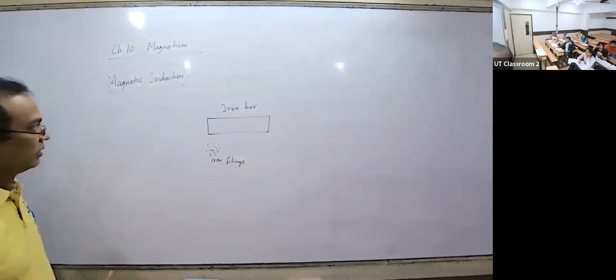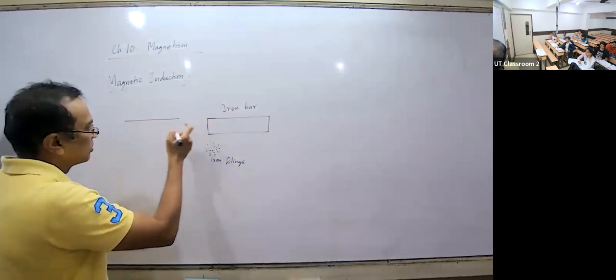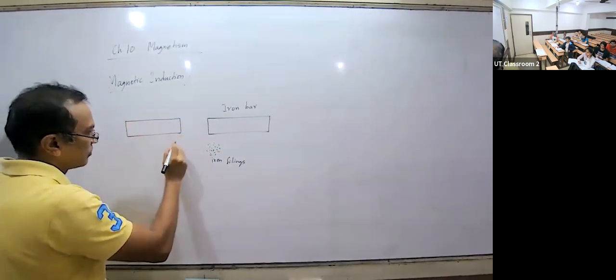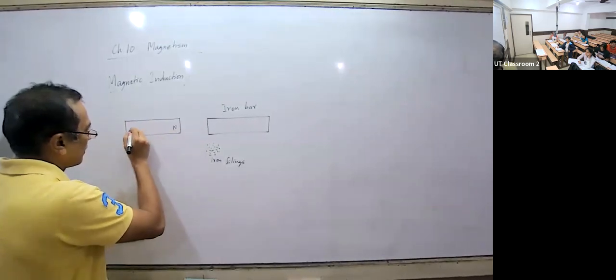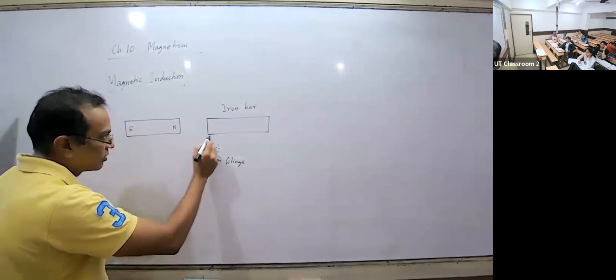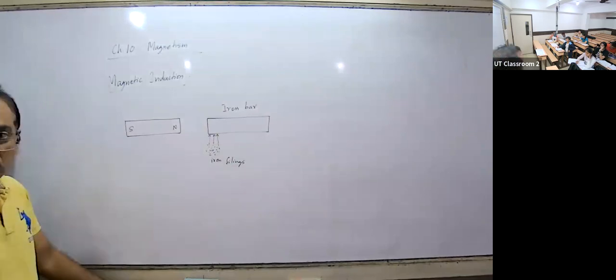Okay. Now what we are doing is I brought a magnet close to this. Then what we see is all this iron filings go and stick to this iron bar.